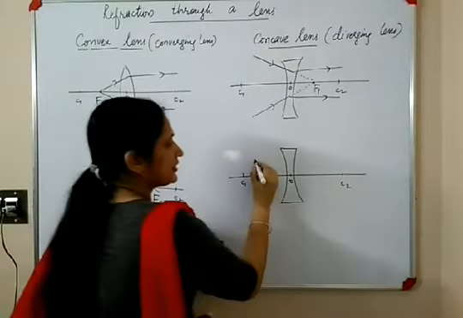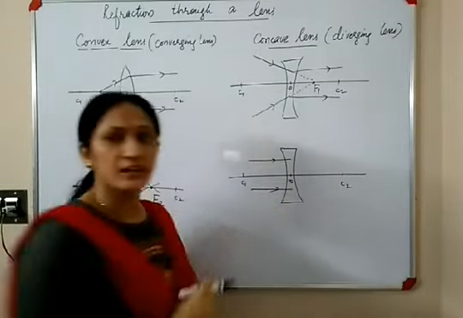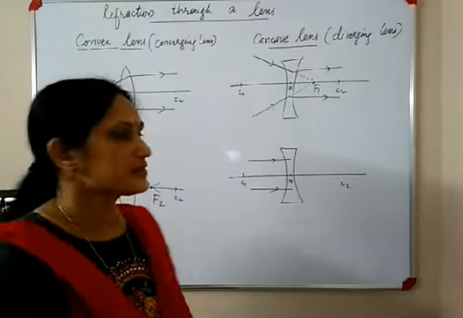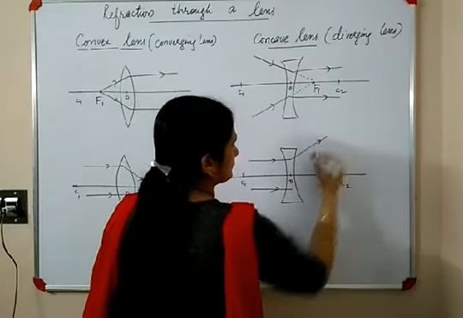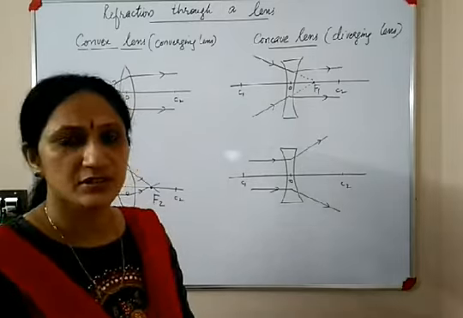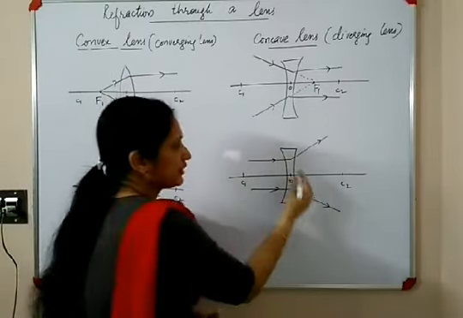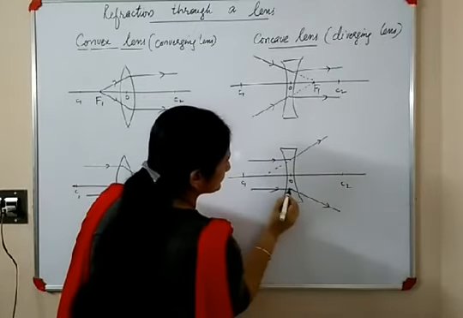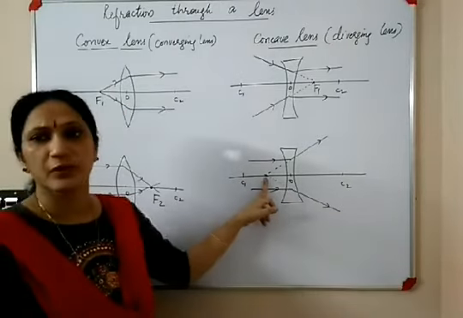In that case, incident rays are to be parallel. Consider two parallel rays falling on a concave lens. And what happens after refraction? After refraction, they diverge. But these emergent rays, which are diverging, if you extend them straight backward, they are appearing to meet at a point.